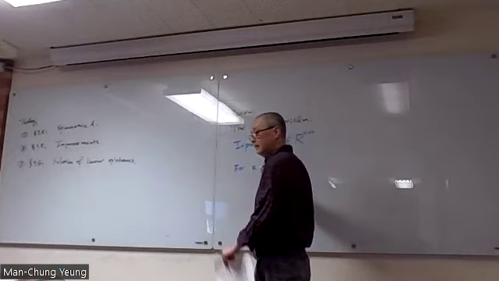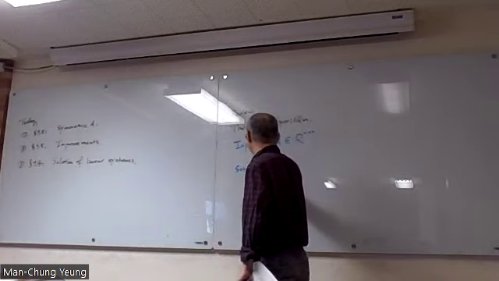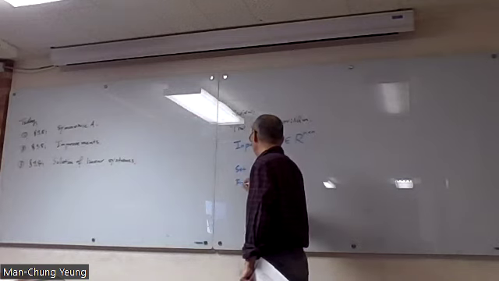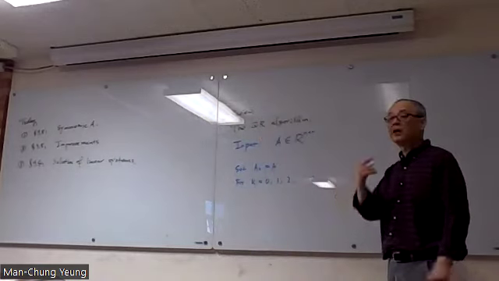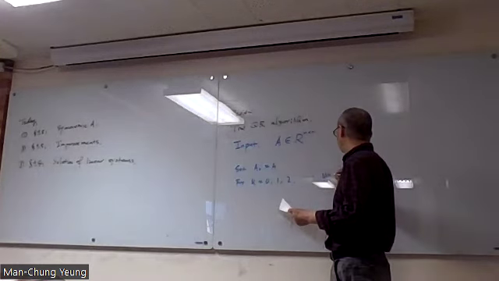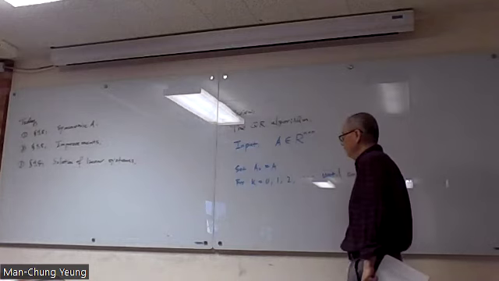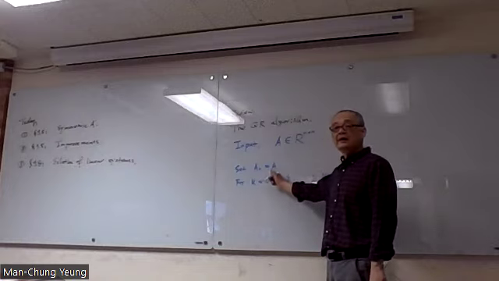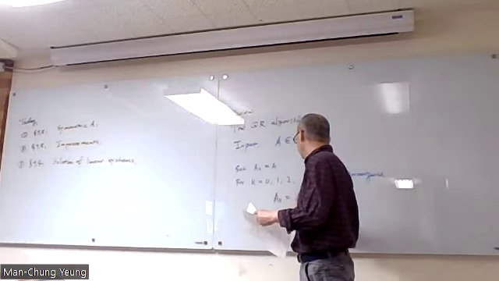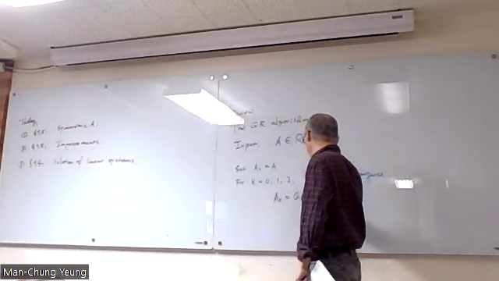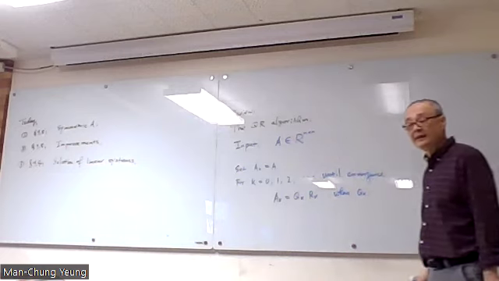First set A0 is A. Then for k = 0, 1, 2, until convergence, perform QR factorization of matrix Ak: Ak is Qk Rk, where Qk is an orthogonal matrix.